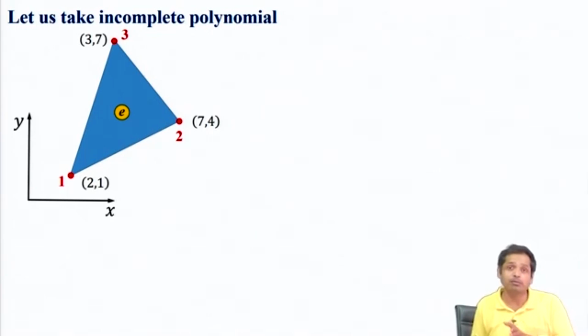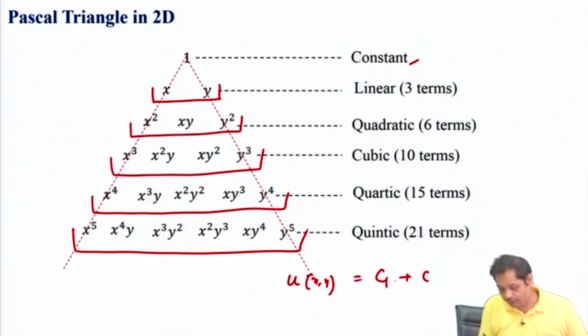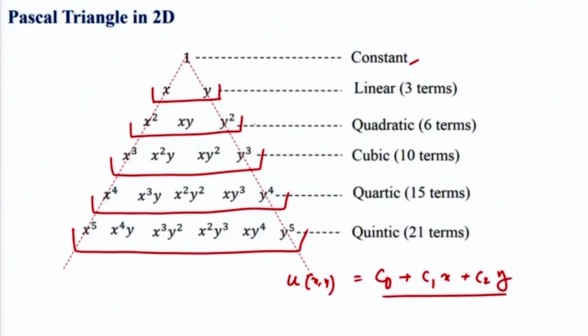So the approximation has a constant term, then a linear term in x, and a linear term in y. In Pascal's triangle, this approximation is complete up to degree 1, right?